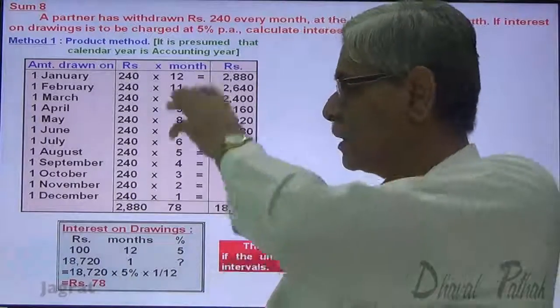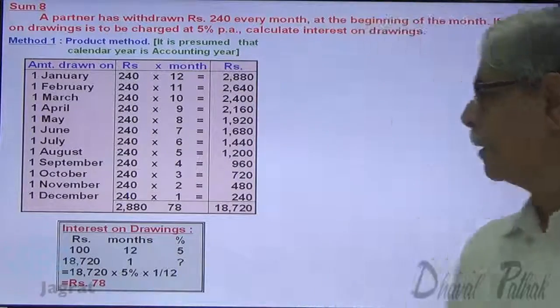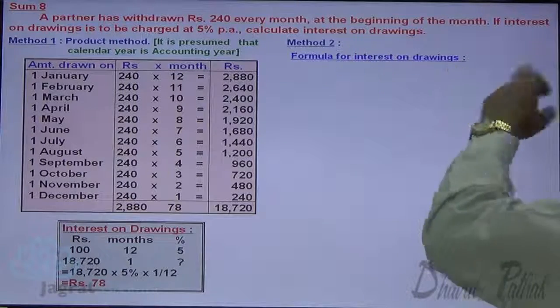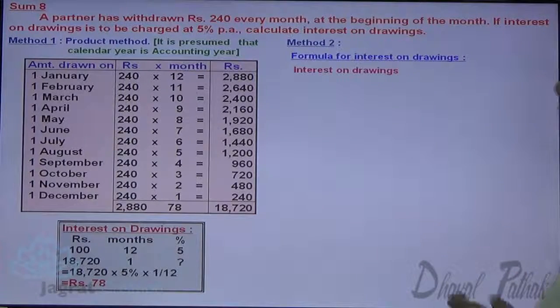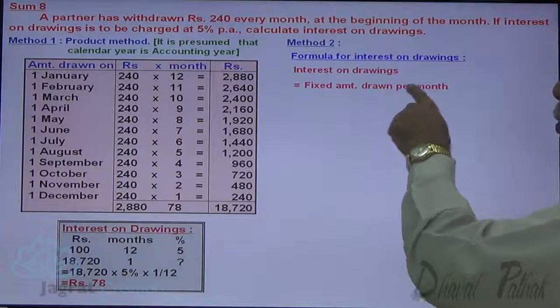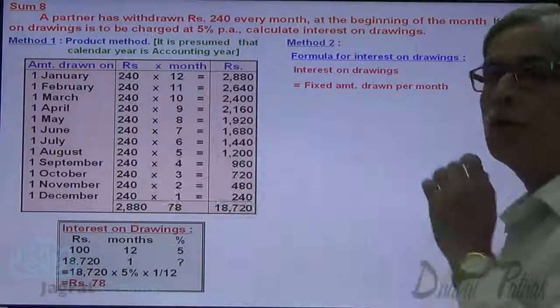Now, this is the basic method that I wanted to explain. Now I want to give you a shortcut. In this shortcut, they say that method 2, formula for interest on drawings. Look at the formula. Interest on drawings is equal to fixed amount drawn per month. What is the fixed amount drawn per month? 240 rupees.